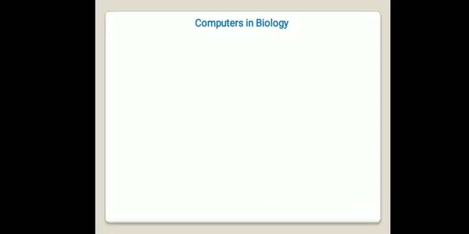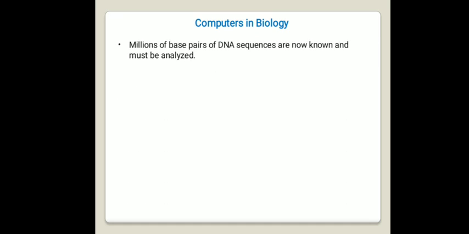Then let's see the role of computers in biology. Millions of base pairs of DNA sequences are now known and must be analyzed. Hundreds of restriction enzymes and cloning vectors must be kept track of for work in genetic engineering. Computational systems have become necessary tools for acquisition, retrieval, manipulation, and analysis of this information.